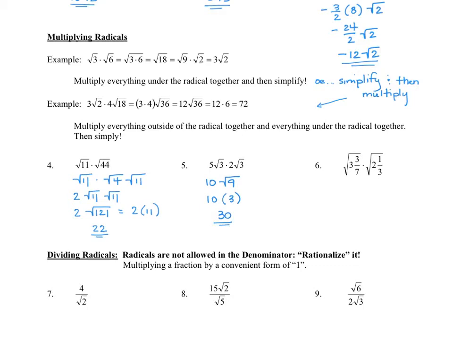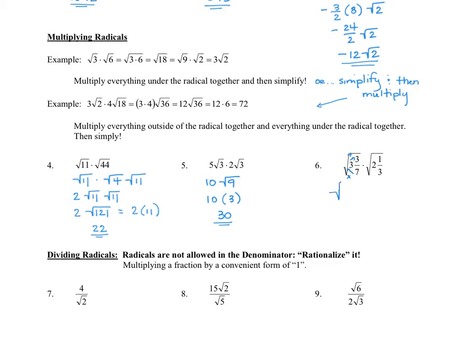For a problem like number 6, we'll want to take those mixed numbers and turn them into improper fractions so we can then multiply and then simplify what's under the radicals. So if you remember, to turn a mixed number into an improper fraction, you're going to multiply and then add. So 7 times 3 is 21, plus 3 is 24.